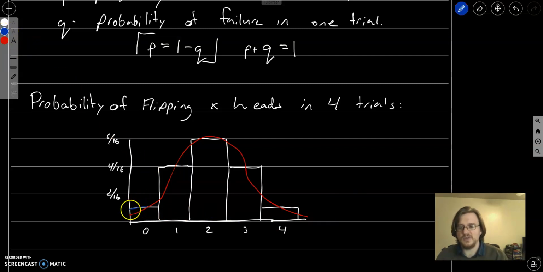The binomial distribution has these blocks because it is discrete. You can only get a 0, 1, 2, 3, or 4. We can't get anything in between, so it looks rather blocky.